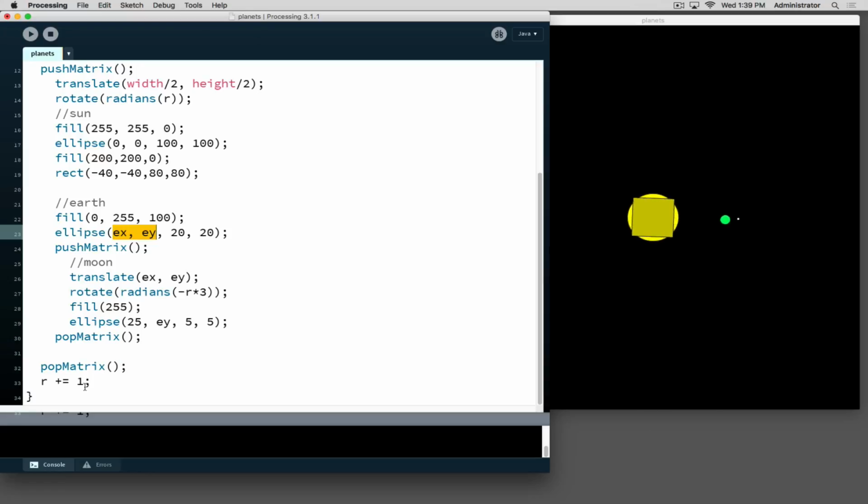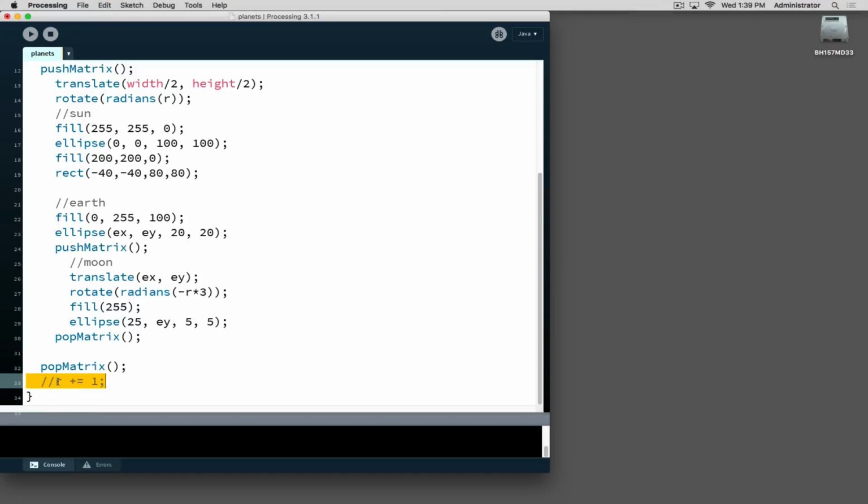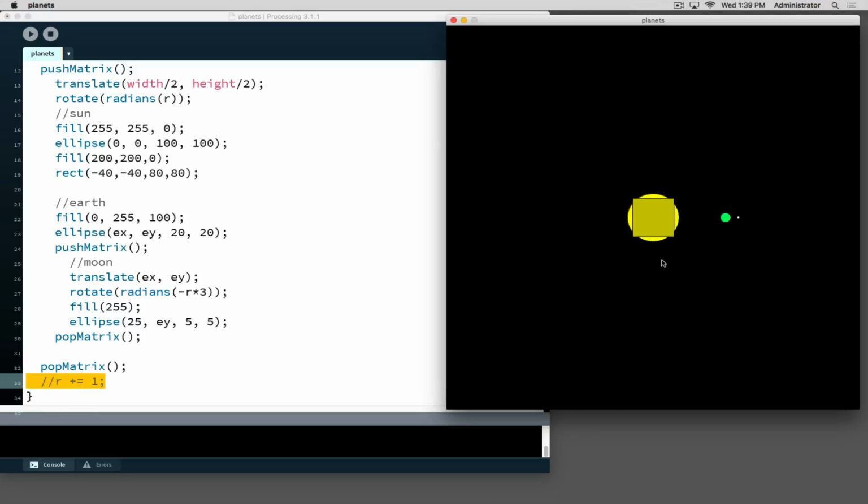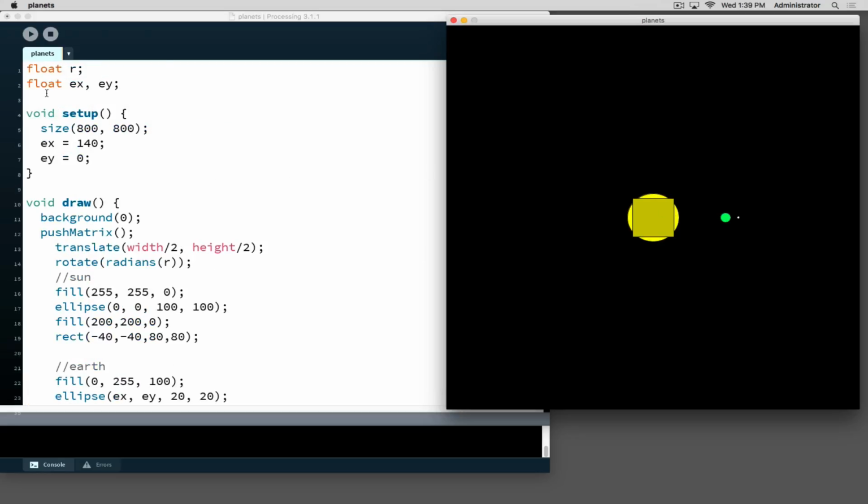I'm going to kill the rotation here temporarily. Run it, so we can see when it's not running. Sun is at 0, 0. The Earth is at 140, 0 in relation to that 0, 0.